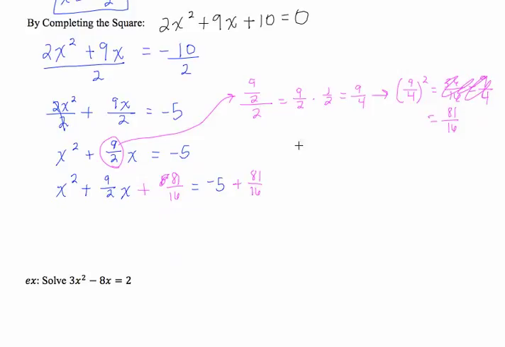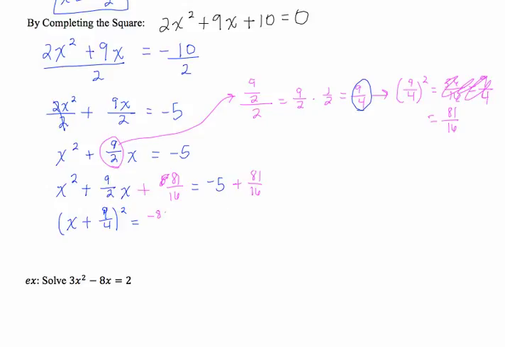And now we can rewrite the left side as a perfect square: x plus this value, 9/4, all squared. And on the right side we need a common denominator, so I'm going to multiply the negative 5 by 16 over 16. And negative 5 times 16 is negative 80.